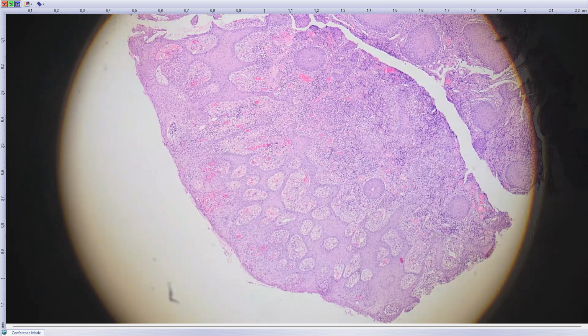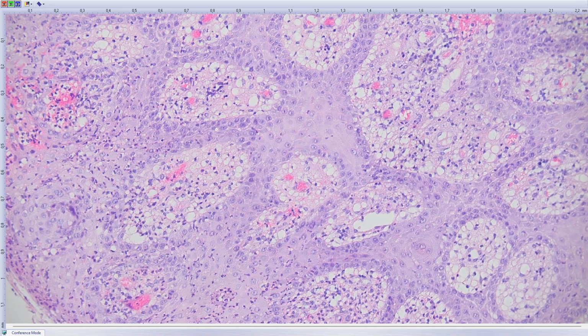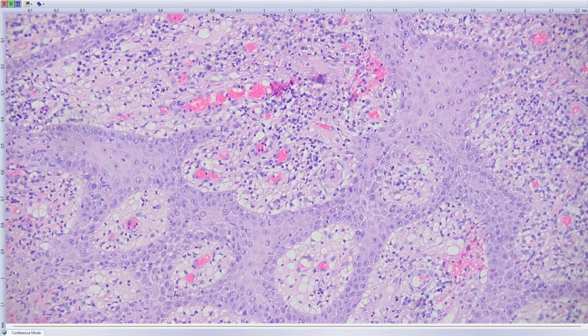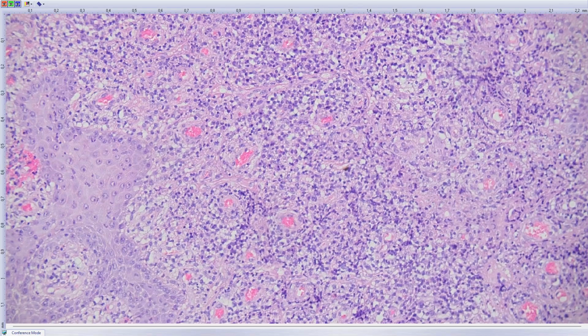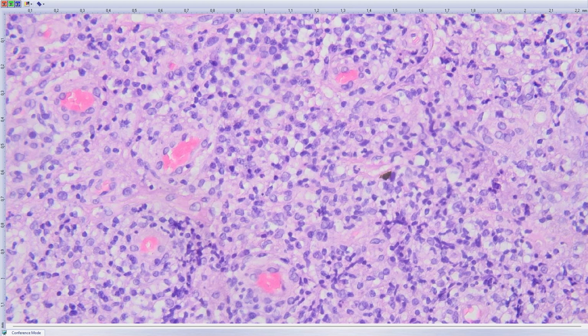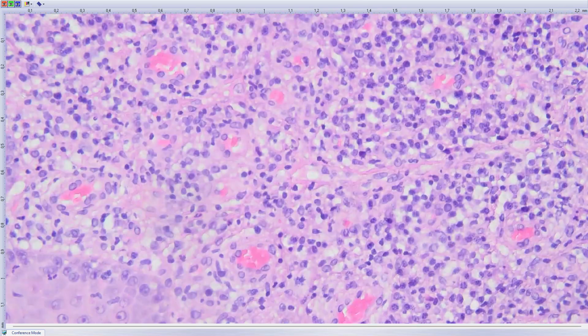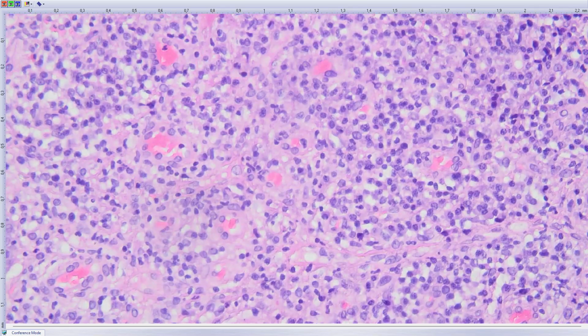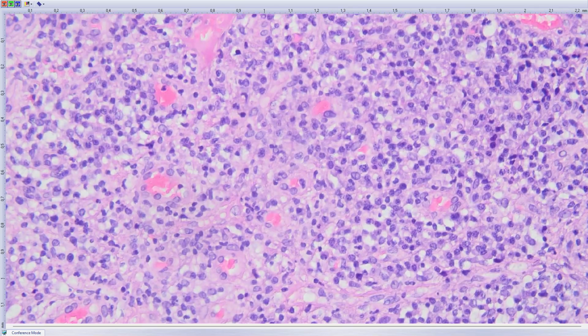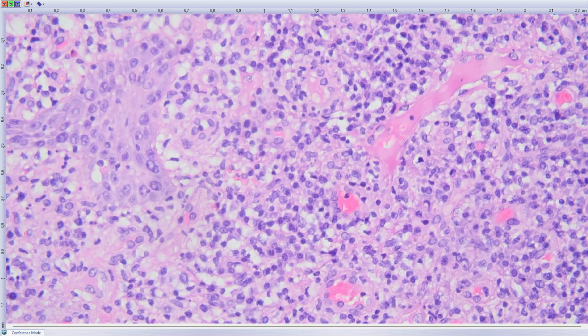But the epithelium looks quite innocuous, blunt, not very malignant, though still it could be very well differentiated. And if we look at very high magnification, we see this very dense lymphoplasmacytic infiltration with plump endothelial cells in these capillaries, and these should lead you to staining or doing molecular testing.